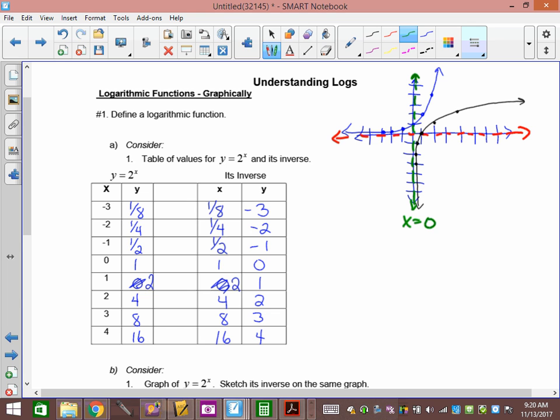So what's the only thing that's going to move a log's vertical asymptote? Horizontal translation. What will cause my domain, instead of being greater than, to be less than? The reflection in the y-axis.